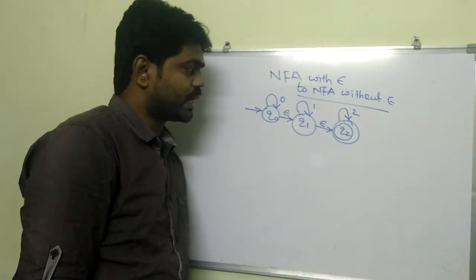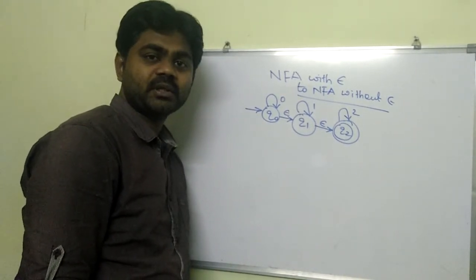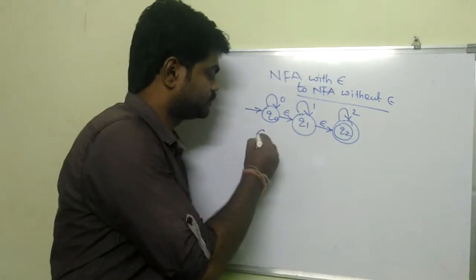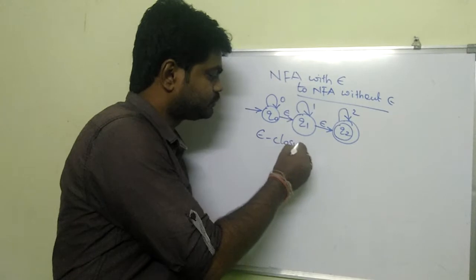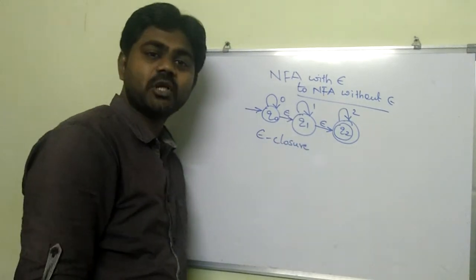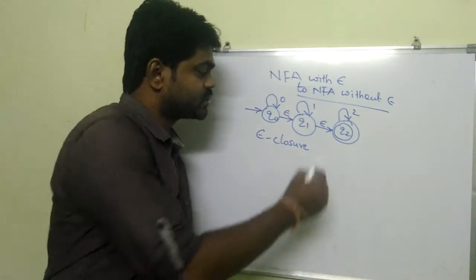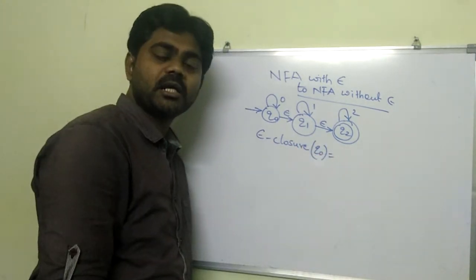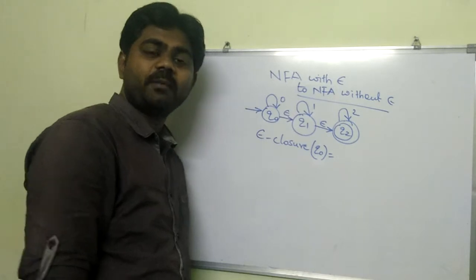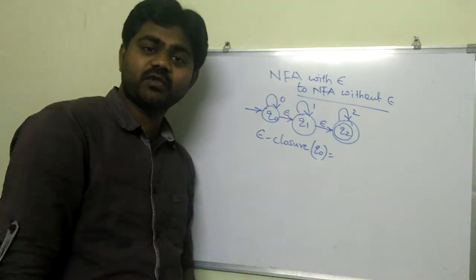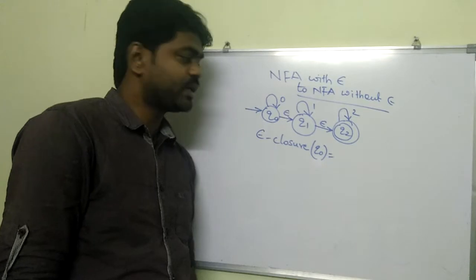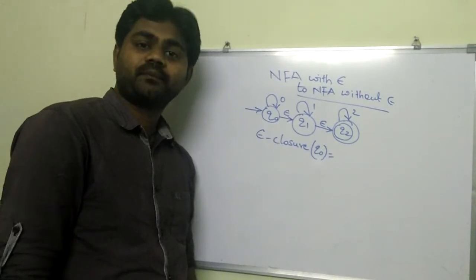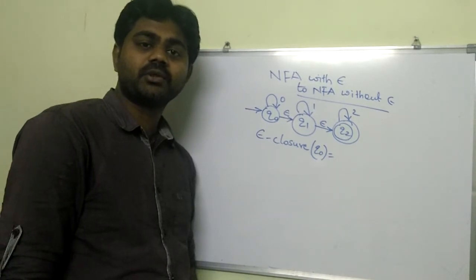Okay, so what are the epsilon transitions here? For this case, we need to discuss epsilon closure. So what is epsilon closure? Epsilon closure of Q0. Our main intention is to move from the starting state to the final state, so I should start from Q0, go to Q1, and go to Q2.